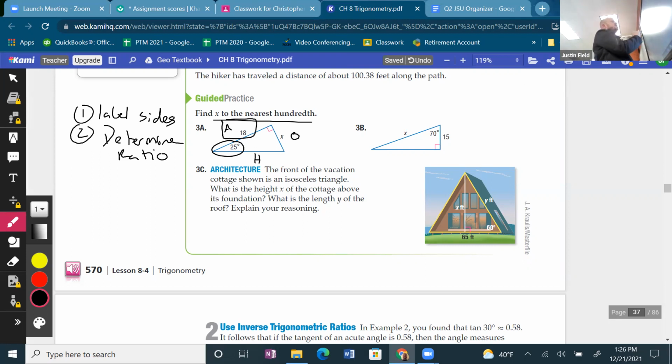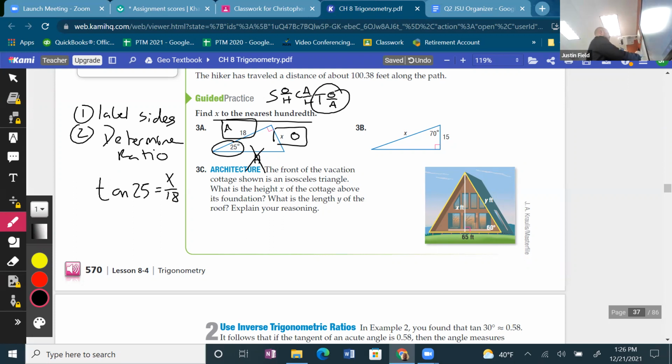Well, we have the adjacent side. We want to know the opposite side. And the hypotenuse is not part of that question. It's not the side we're given. It's not the side we want to know. So O and A. Which ratio connects O and A? It's TOA. All right, so we want TOA. So we're going to use the tangent of 25 equals O over A, x over 18.